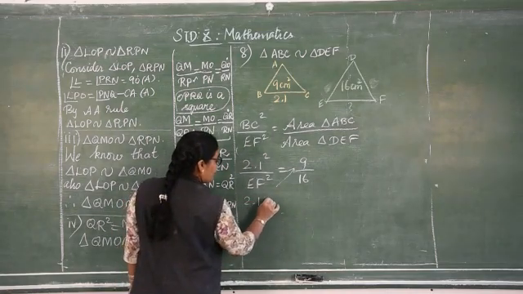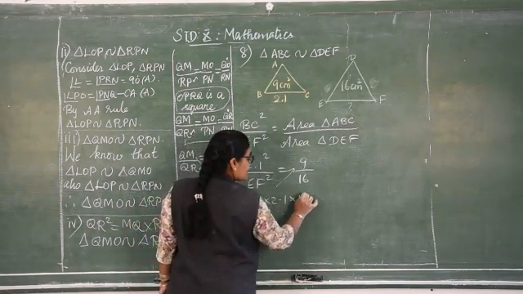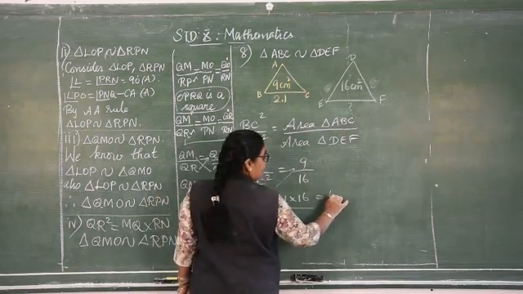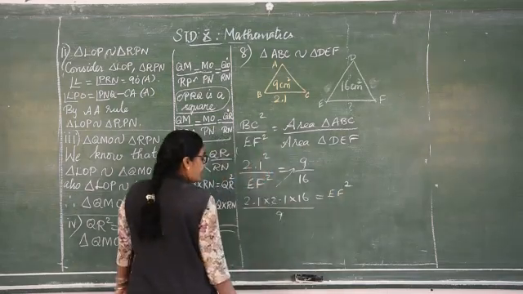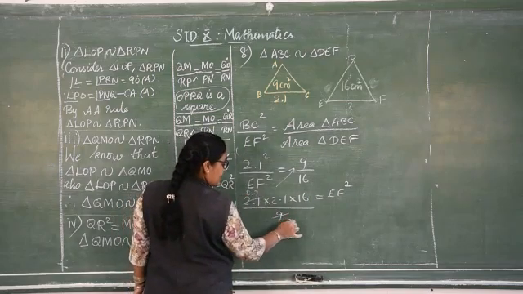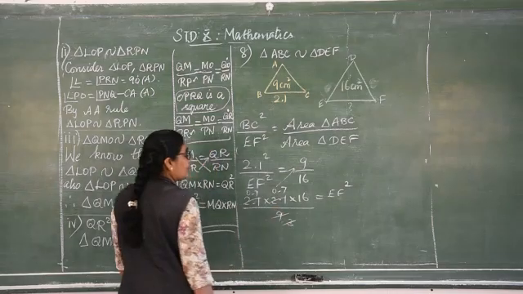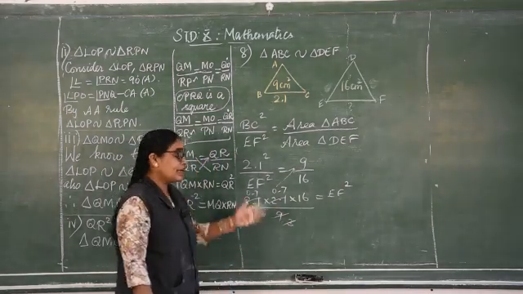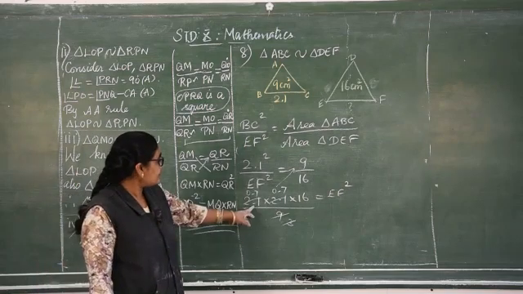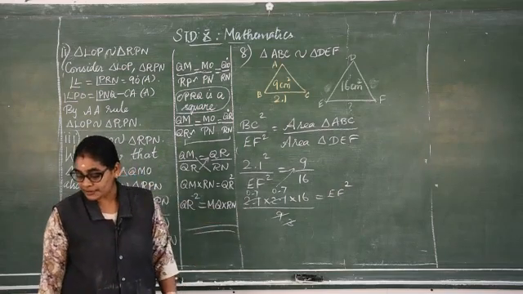So 2.1 into 2.1 into 16 by 9 is equal to EF square. So when you divide by 3 table, this is 0.7 and this is 3 and it is 0.7. So 49 into 16, we have to do 49 into 16. Then you will be getting EF square.